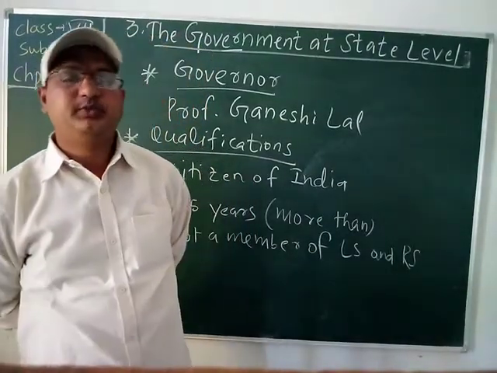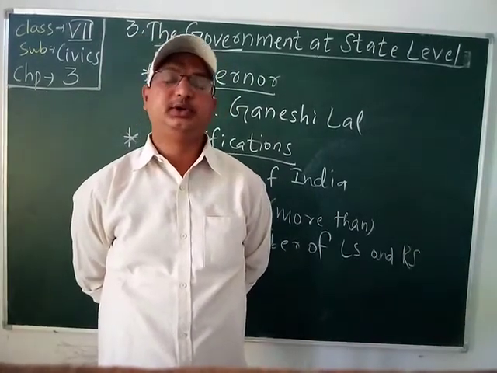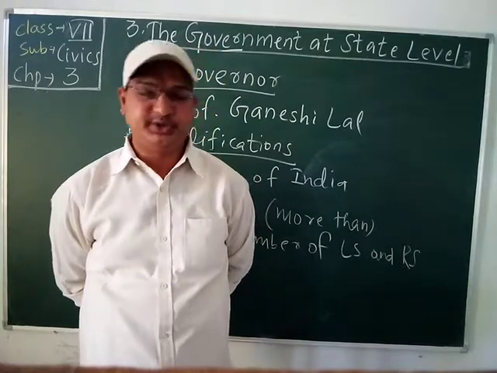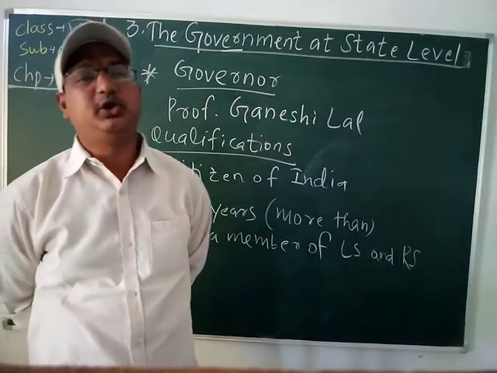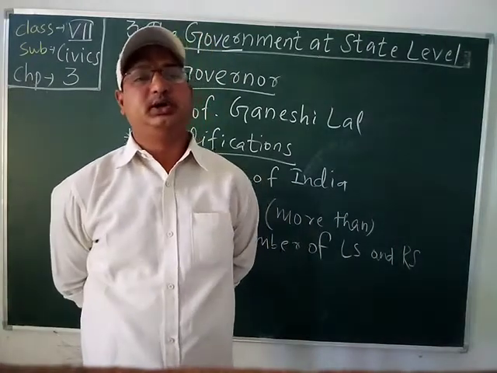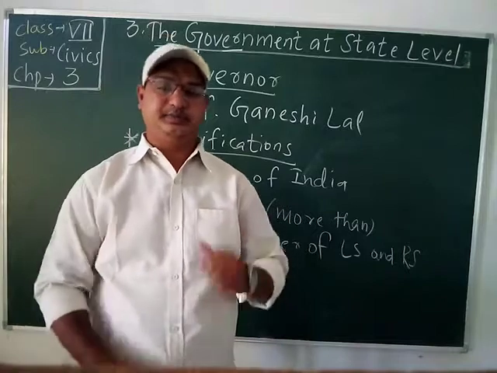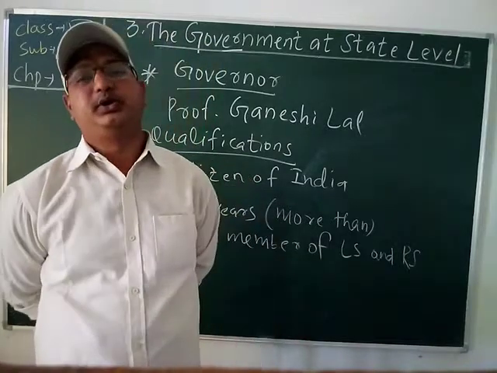Students, one more, the last qualification to become the governor of the state is that he should not be insolvent. Therefore, he or she can contest to become a governor of a state.